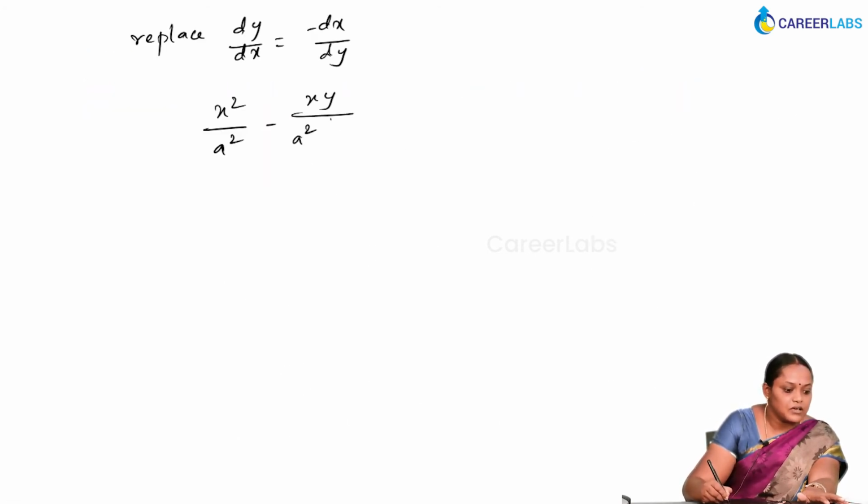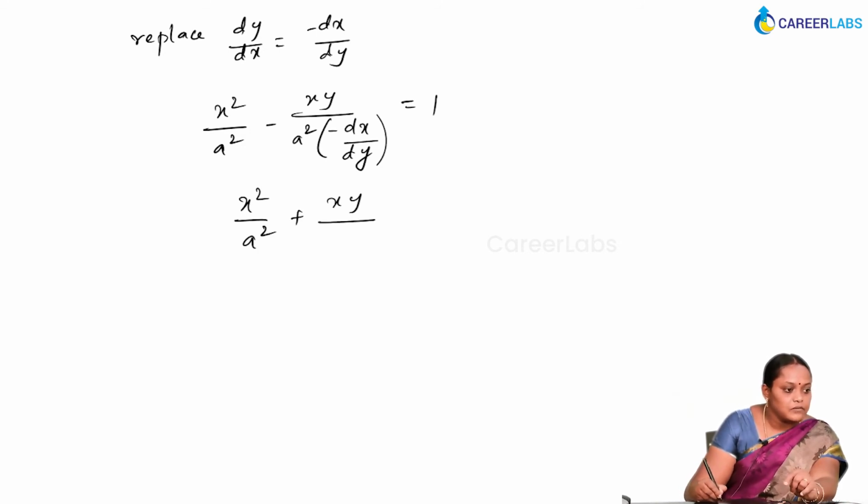In the place of dy by dx, it is minus dx by dy. This is going to be equivalent to 1. If we simplify this equation, minus into minus will become plus here. So this will be plus xy by a square into dy by dx is equivalent to 1.